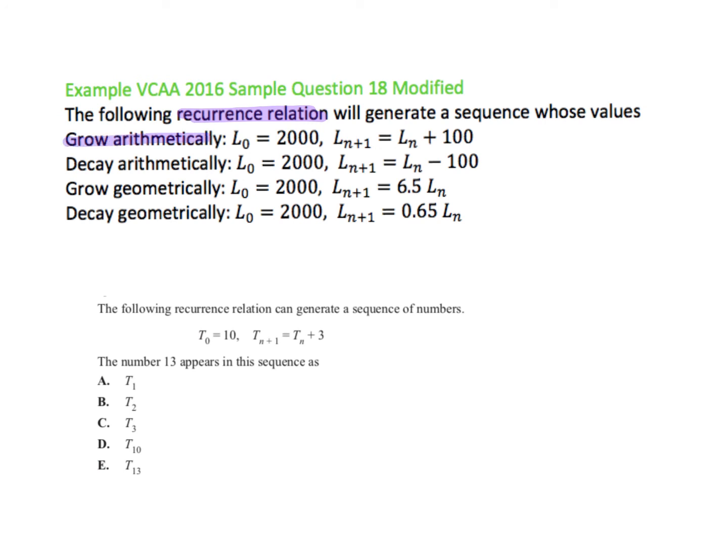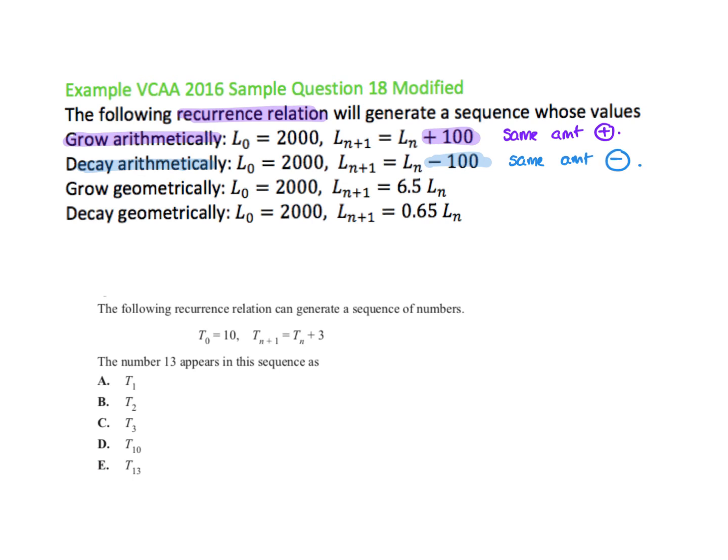If it's arithmetic growth, we're going to see the same amount added. So you might write that there, same amount added. When we see it's arithmetic decay, we're seeing the same amount subtracted. So same amount subtracted.